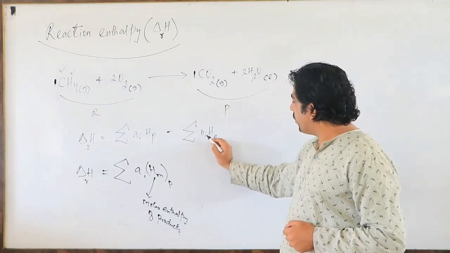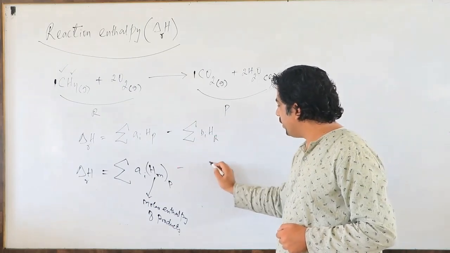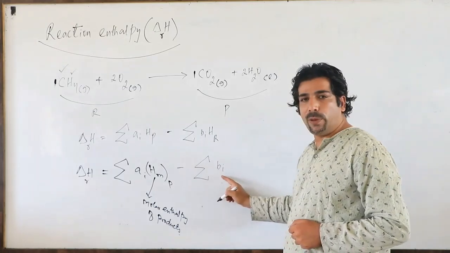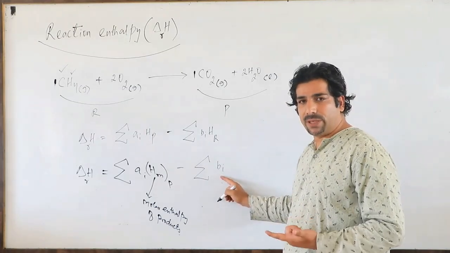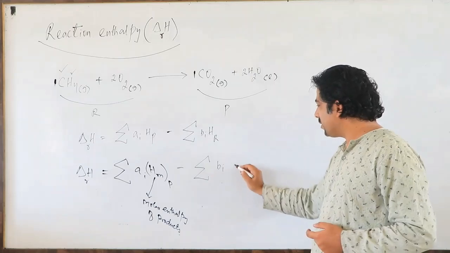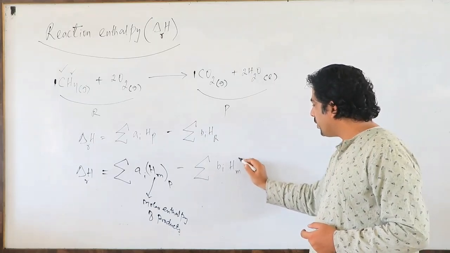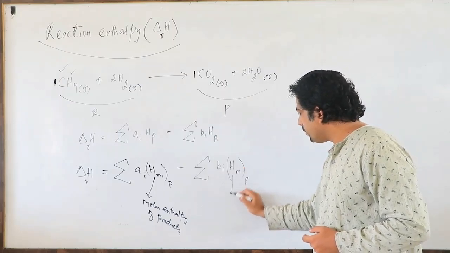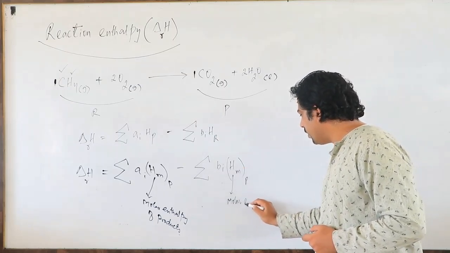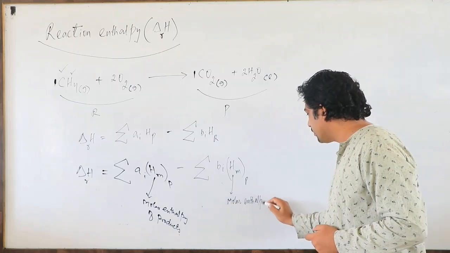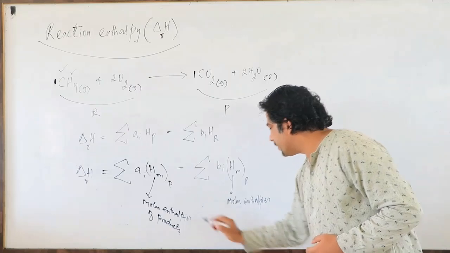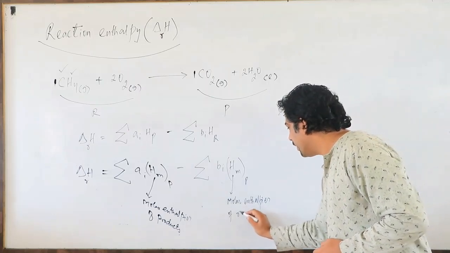Now look here, for this expression I can do the same thing. Let's take the sum of the stoichiometric coefficients of reactants, that means the number of moles of reactants, and HR I will convert into HMR. That will represent the molar enthalpies of reactants.